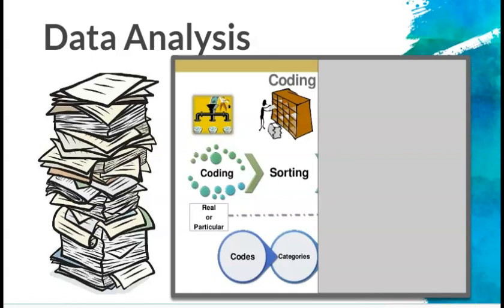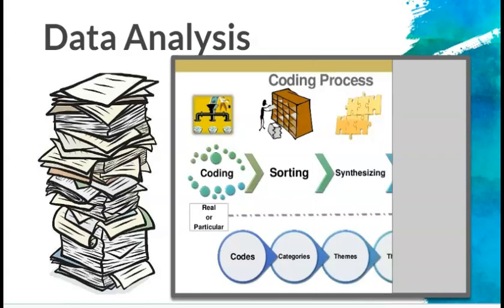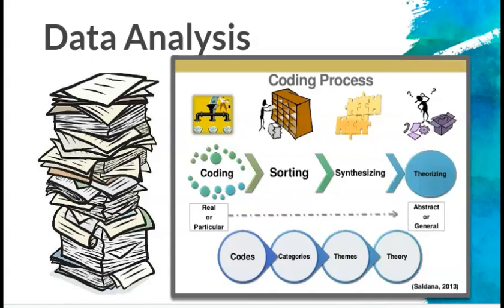Some things might belong in more than one code. Okay. Then we synthesize it and we start to put it together. So notice, the puzzle pieces here. We might look at all the codes and say these codes really go together into certain themes. And so we're starting to put the pieces back together. In analyzing, we pull it apart, and in synthesizing, we start to put it back together.